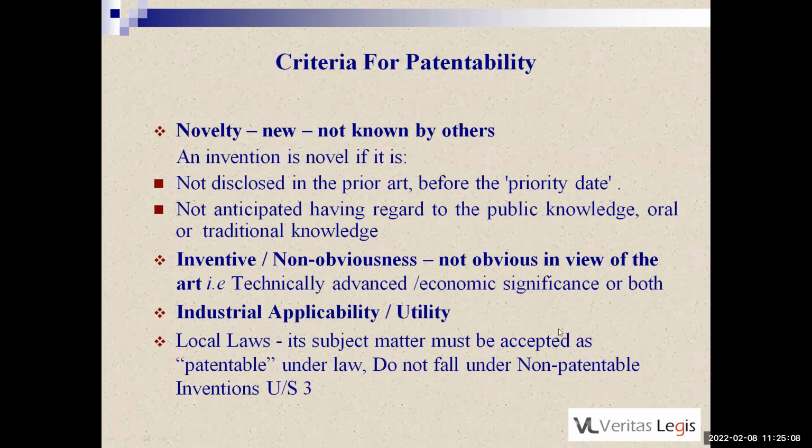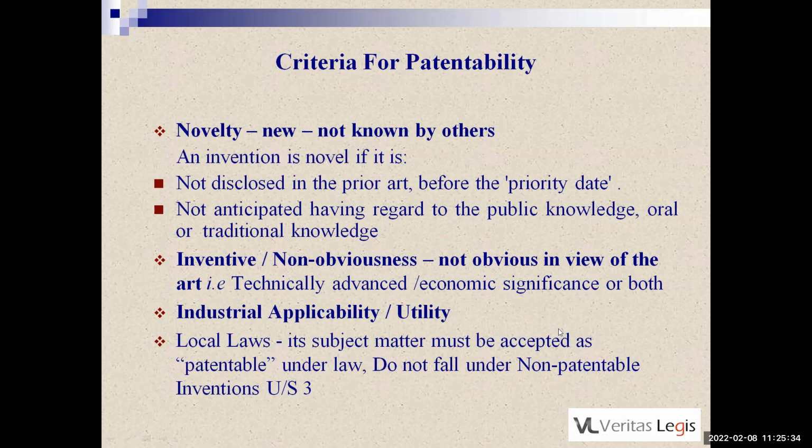Non-obvious in view of the art, that is, it should be technically advanced, as well as economic significance should be there. It should be cheaper. If a product is already in the market and you have developed the same product but it is cheaper in cost, then also you cannot say that my product is cheaper. It should have technical advancement, or both.